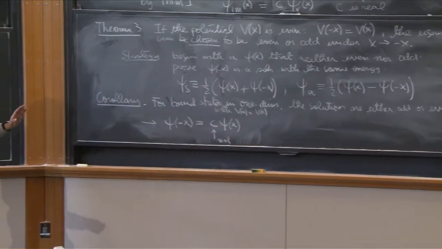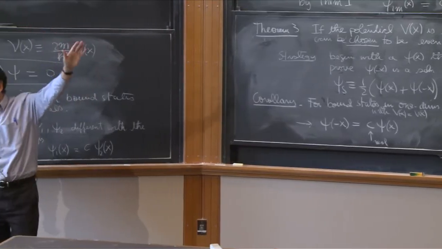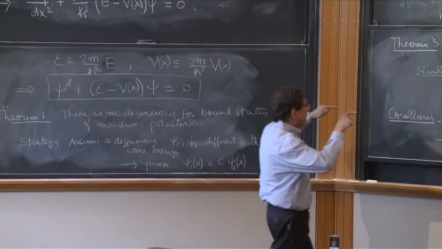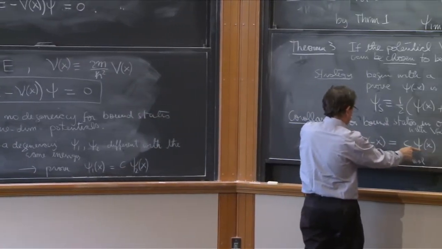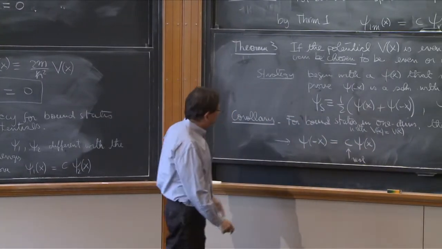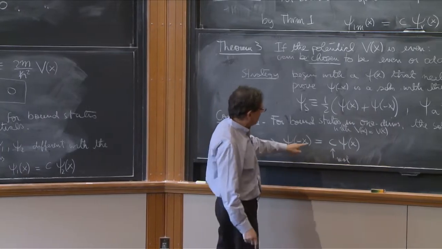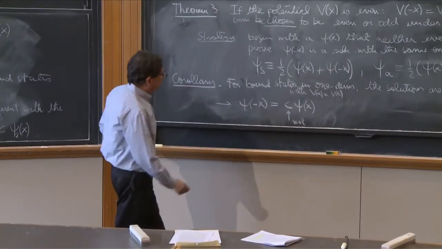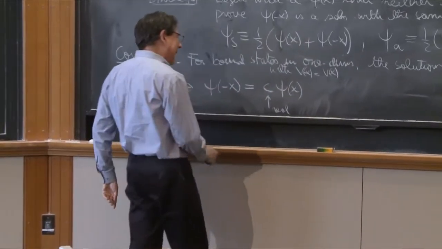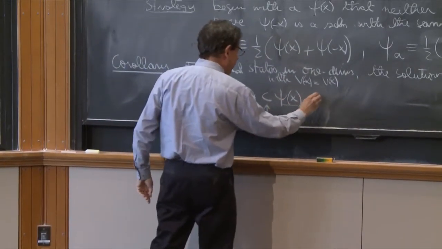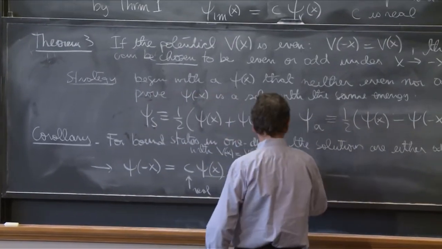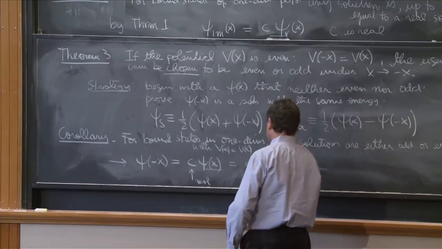Why real? Because we said already by the previous theorem, wave functions can be chosen to be real. So you've got this thing already: psi of minus x is equal to c times psi of x. Which, if you use this property again by saying, oh, but psi of x is equal to c times psi of minus x.